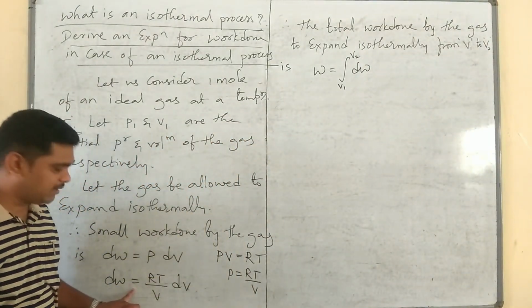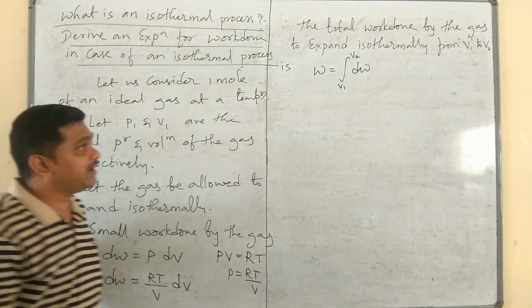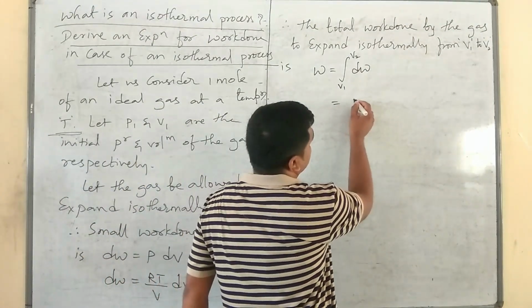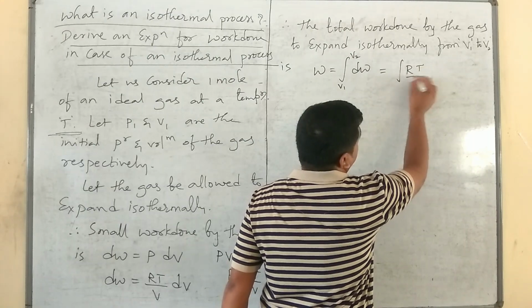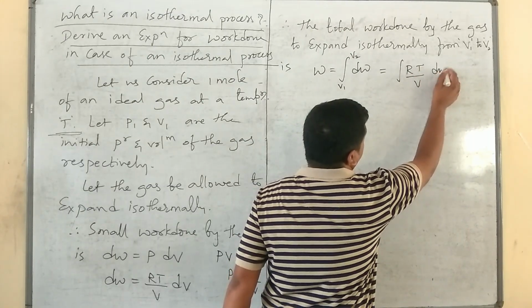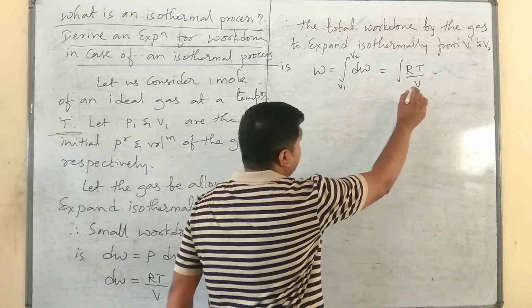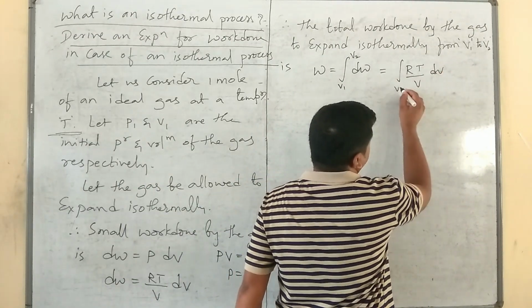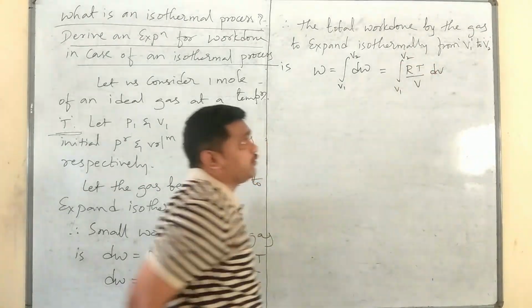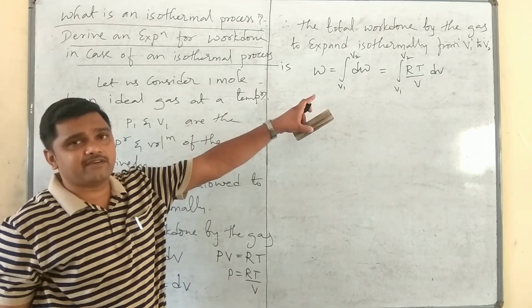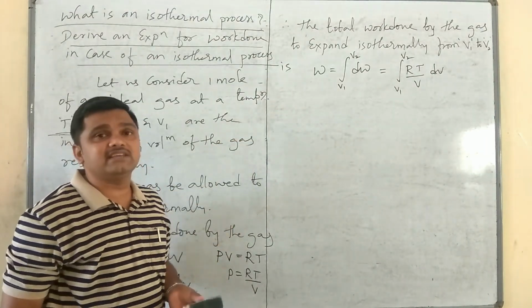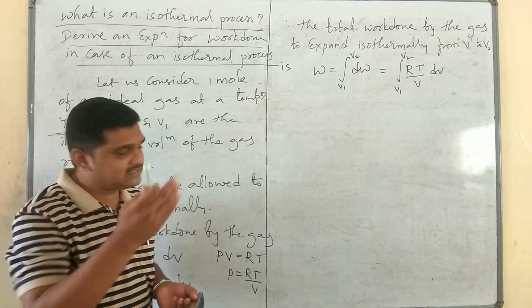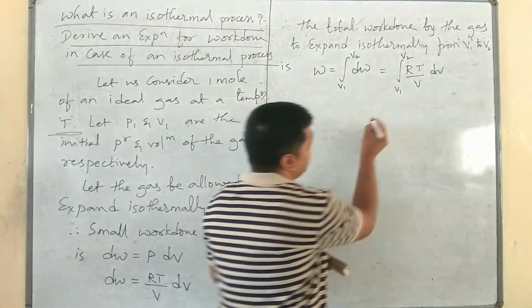What is the value of dW? RT divided by V. Here I will write W is equal to integration of RT by V into dV, from V1 to V2. In that equation, capital R is the universal gas constant and T is temperature, which are constants. Take them out.